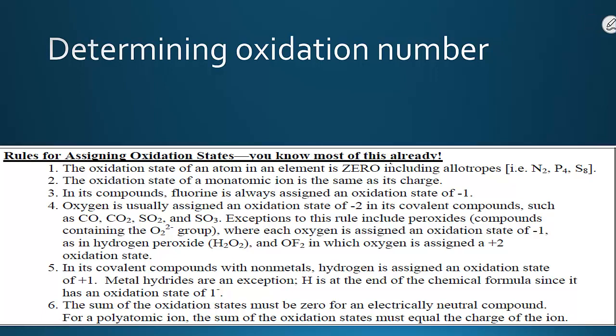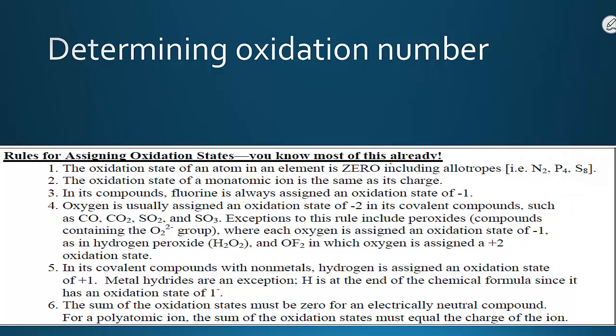First off, any elemental compound, something with a single capital letter, like chlorine gas or nitrogen, phosphorus, or sulfur, we are going to say the oxidation state of the atoms involved are all 0, because they have to cancel one another out, since overall that molecule is neutral.